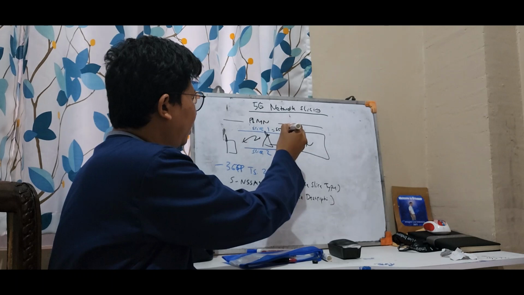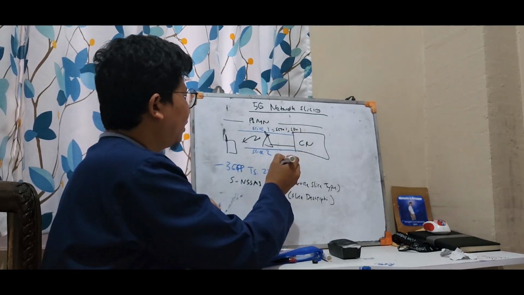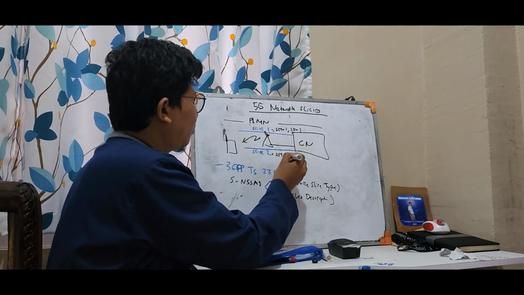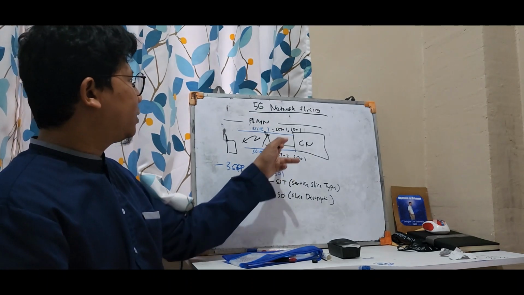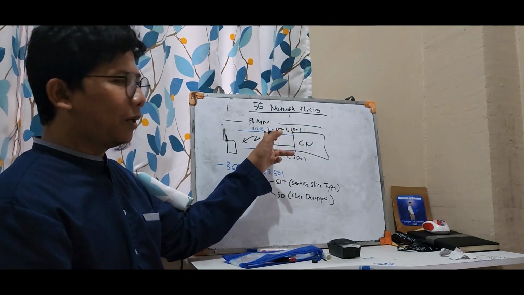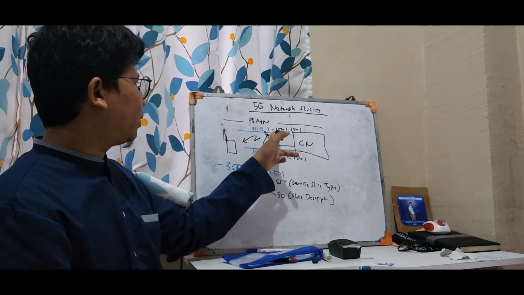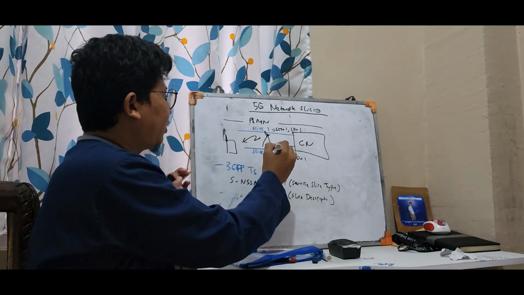So SST, let's say 1, SD 1, and slice 2, let's say SST 2, SD 1. So this is the definition of the S-NSSAI. We put in the SST and SD definition.